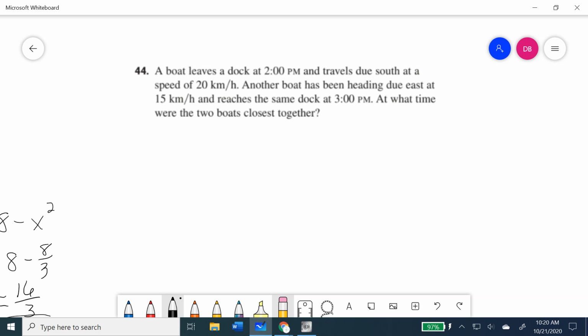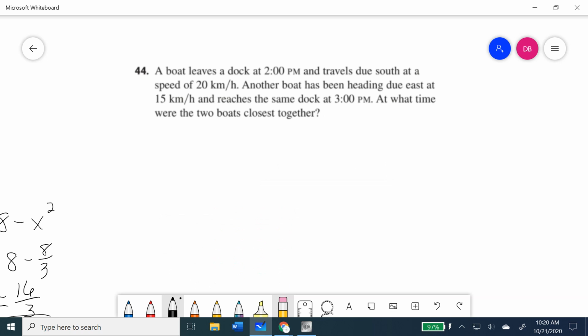Okay, so we've got a boat leaves. Let me read through it, and then I'll tell you if I would give you a diagram. We've got a boat that leaves the dock and travels south.